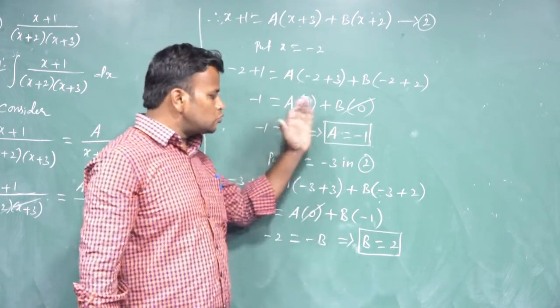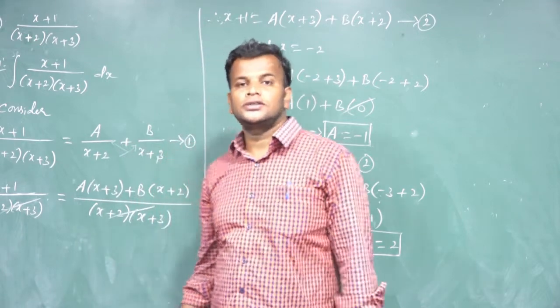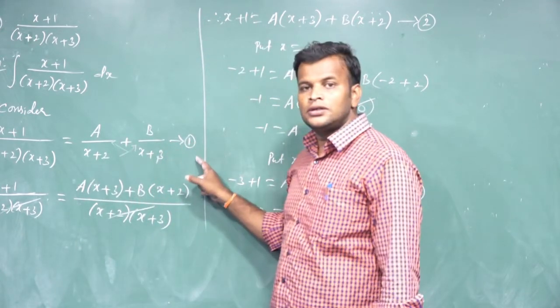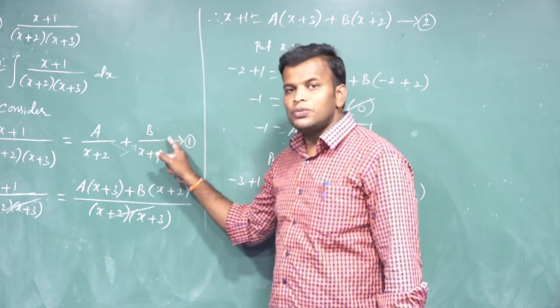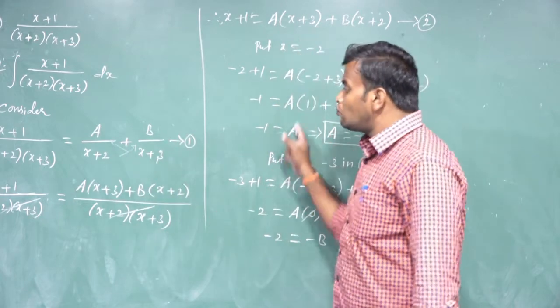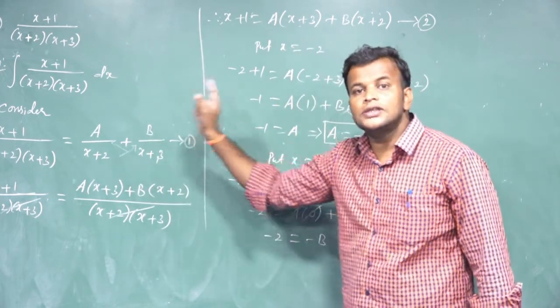Now we substitute these two values in the first equation. You see, it is the first equation with the constants a and b. All the process was done only to find the constants a and b.